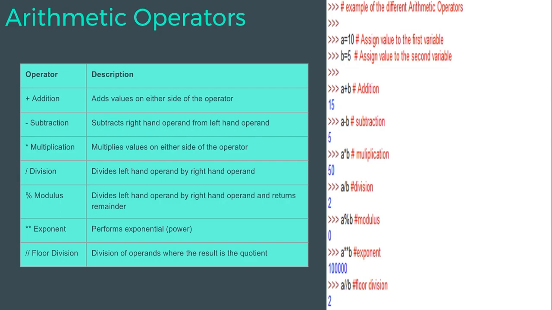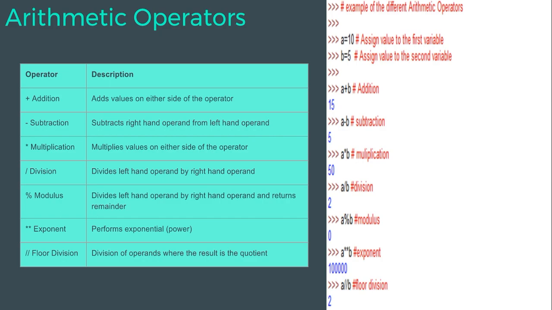Here a is equal to 10, assigned to the first variable, and b is equal to 5, assigned to the second variable. To perform addition, we simply write a plus b. It will perform the addition operation: 10 plus 5 is equal to 15.